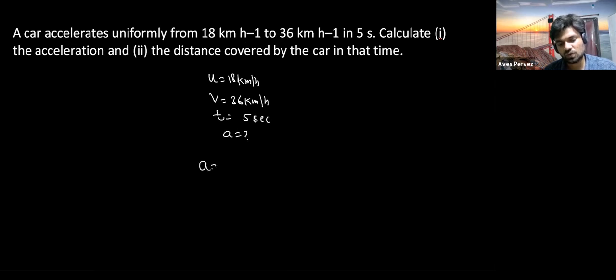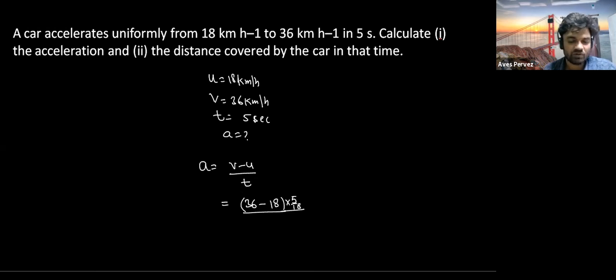So A is equal to V minus U by T. V and U are given in kilometer per hour. So first you need to do 36 minus 18, into 5 by 18. Whatever result comes will be in kilometer per hour, and it can be converted into meter per second by multiplying by 5 by 18.